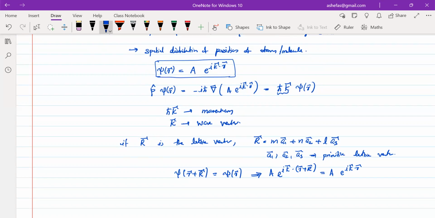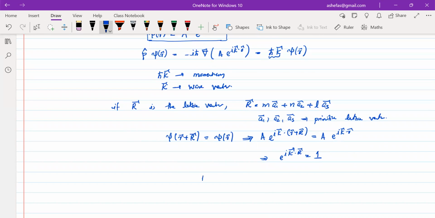So e raised to i k dot r is common on both sides and cancels, and a also cancels. This implies e raised to i k dot R must be equal to 1, or in other words, k dot R must be some multiple of 2 pi.